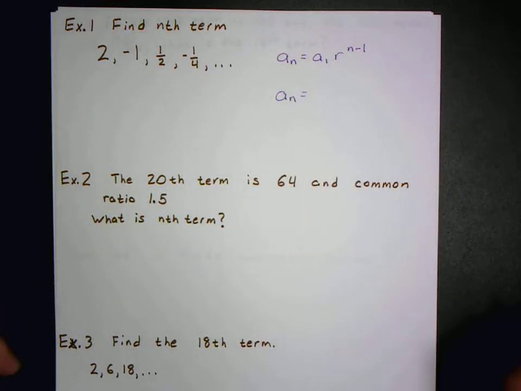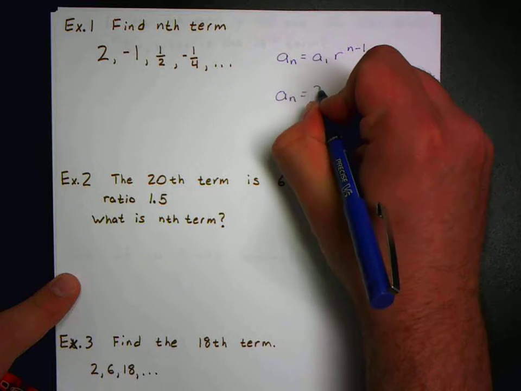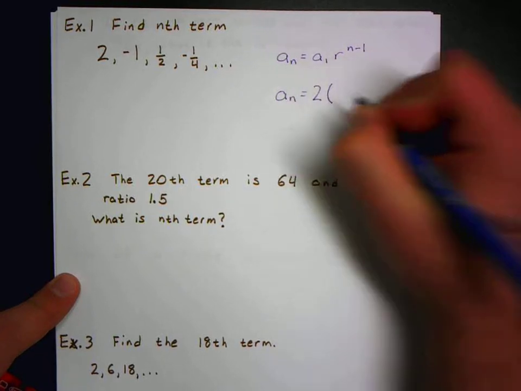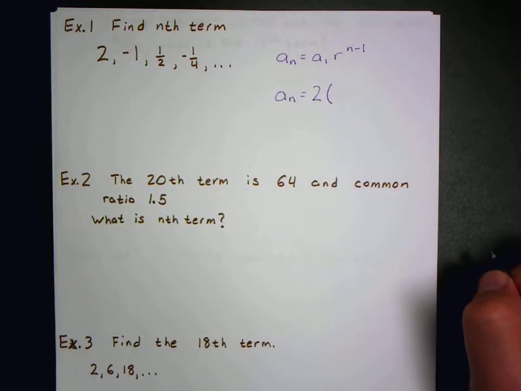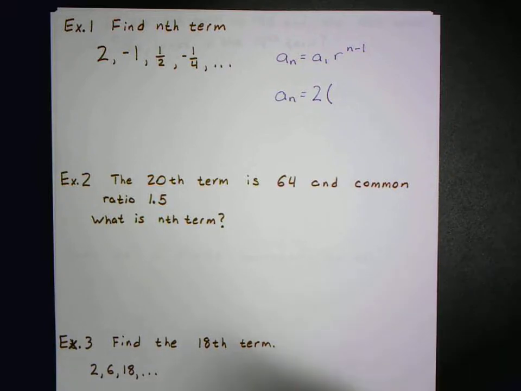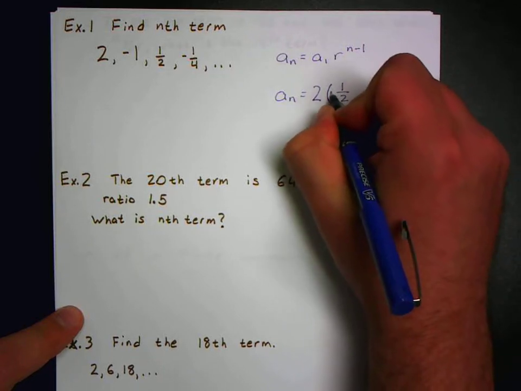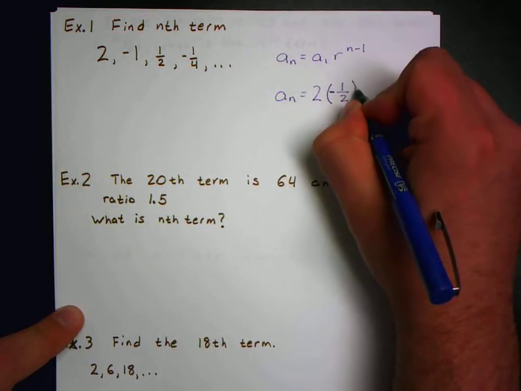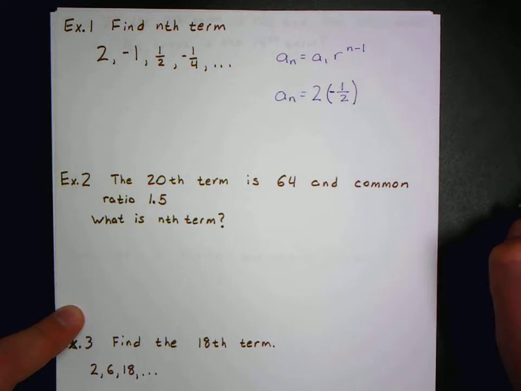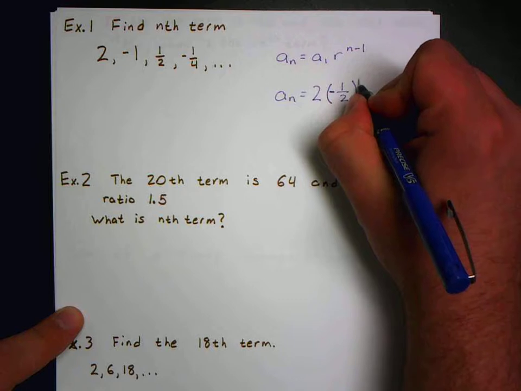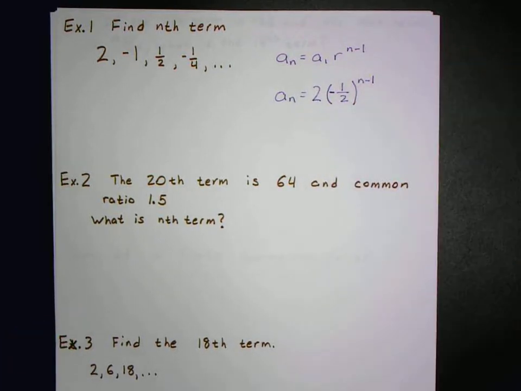So A1 is my first term. So what's my first term? 2. Okay, R is my common ratio. So what's my common ratio? What am I multiplying by each time? Close. Not just 1/2. Negative 1/2, because it's switching signs each time. And then n minus 1.